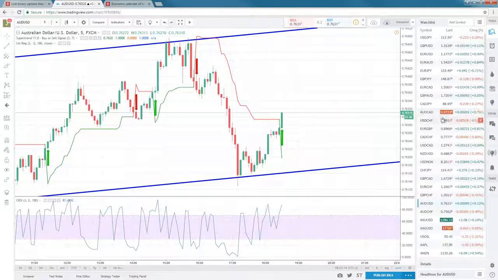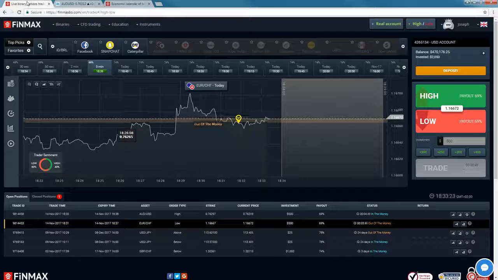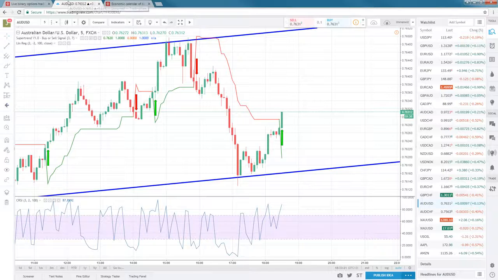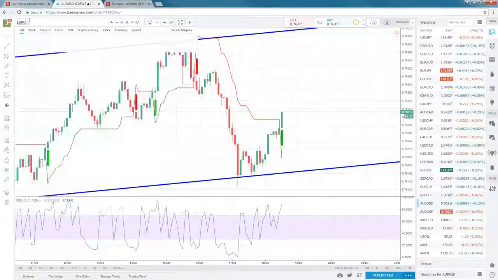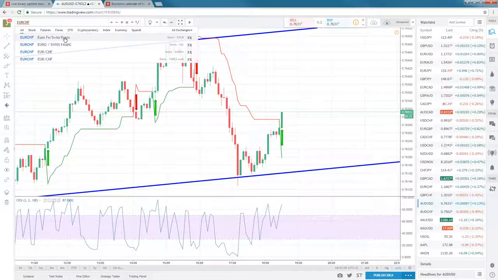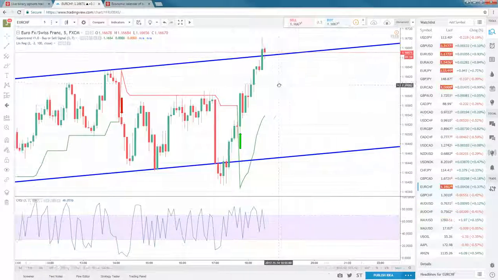Let's see what is happening around Euro and franc, because we can see that trade is out of money currently. Here it is.